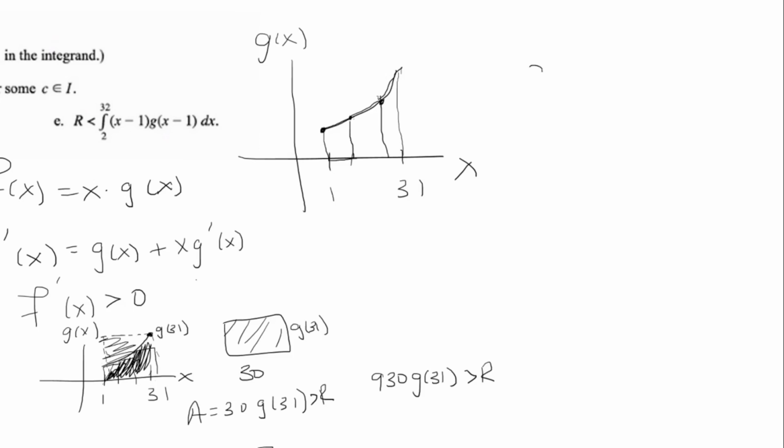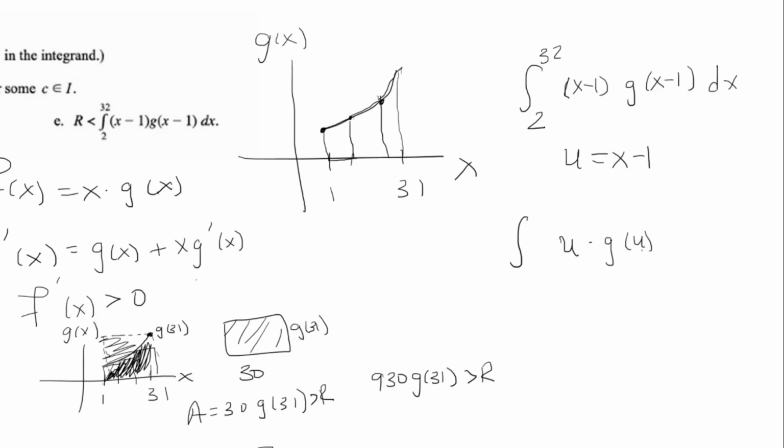Okay, we're given the integral from 2 to 32 of x minus 1 times g of x minus 1. Well, if I do a u substitution, if I let u equal x minus 1, that means x minus 1 is u, and g of x minus 1 is just g of u. Now du is just dx. So I'm just going to replace dx with du. We know that these limits are in terms of x.